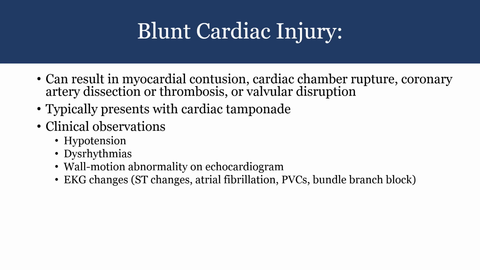I think you can recall most of the clinical signs: hypotension, dysrhythmias, wall motion abnormalities on ECG. You can have other changes, ST changes, atrial fibrillation, bundle branch block as part of the EKG changes.